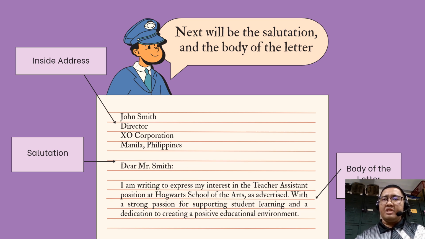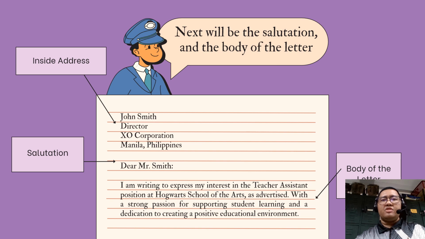So, as I've mentioned earlier, the first paragraph should focus on your interest in the position that you are applying for, and how you were able to know that there is an opening in this institution. Okay?